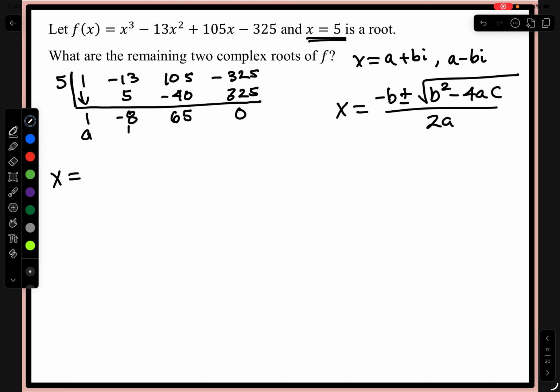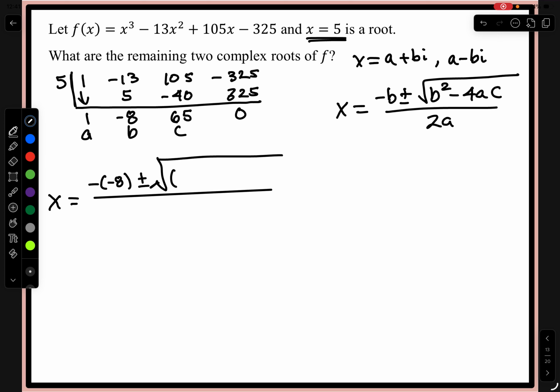With the values of a, b, and c being 1, negative 8, and 65, x will equal the negative of our b value, so negative of negative 8, plus or minus the square root of that same negative 8 raised to the second power minus 4 times a times c, divided by 2 times a.